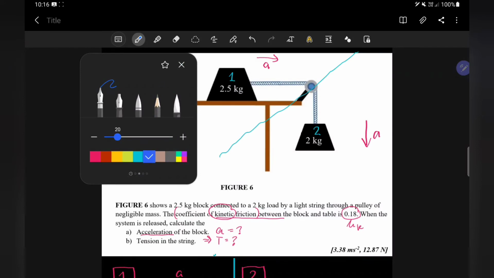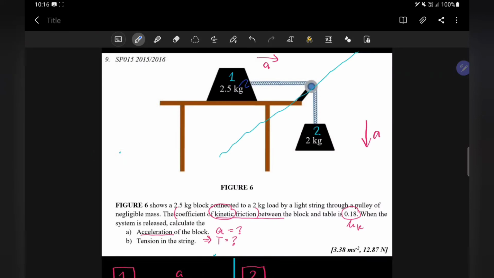Then what forces are exerted on each body? The first one has W1, N1, and then the tension and the friction. Remember, kinetic friction F_k, because the body is moving now.